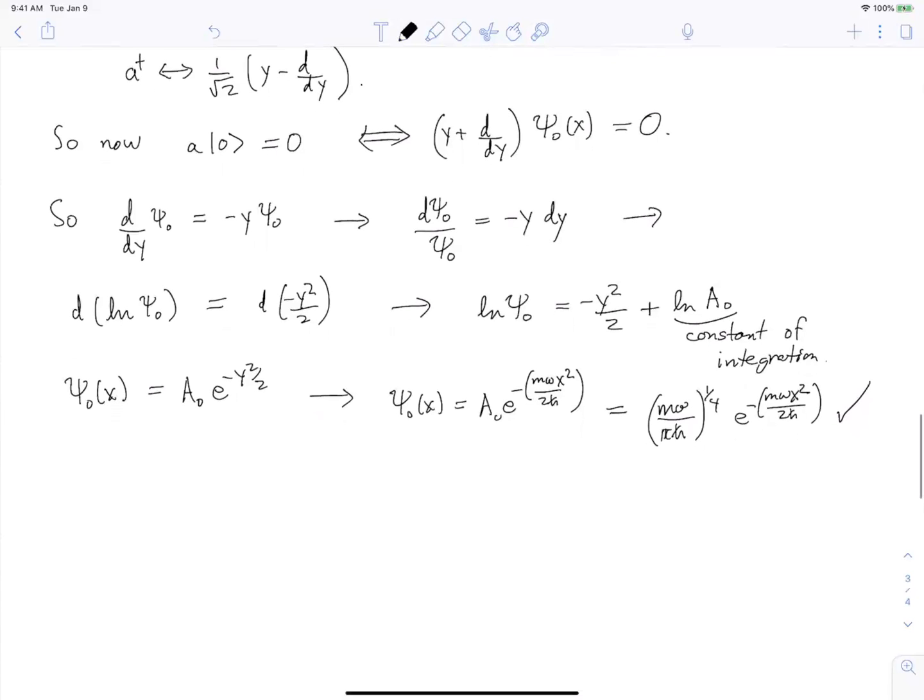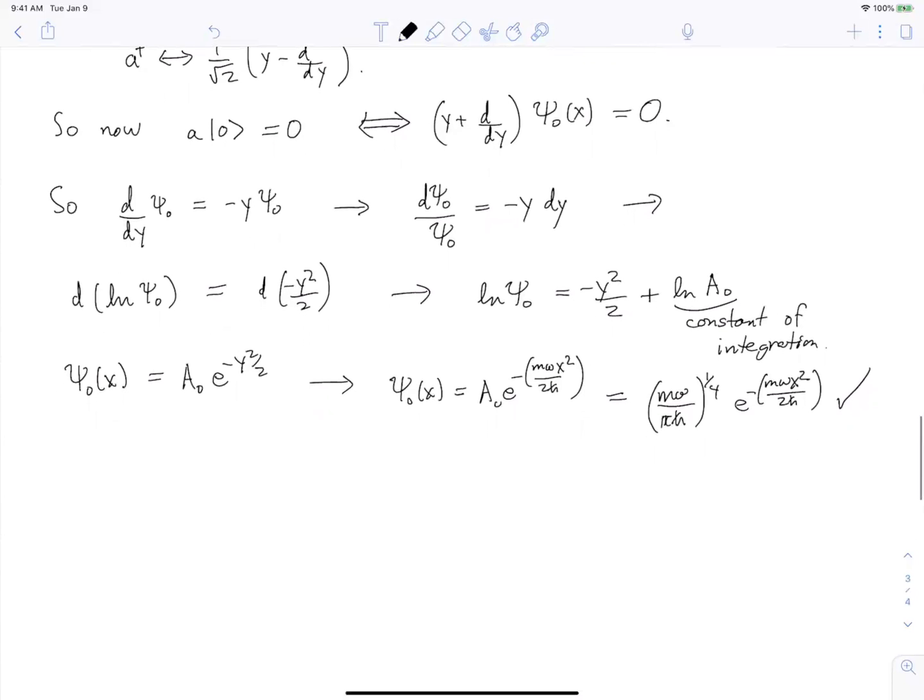Okay, now having gotten this one, we could, again, in the position representation, solve the differential equation for all the higher energy states, but it's easier to instead construct them as follows. We know that they're equal to (a dagger) to the nth power divided by the square root of n factorial acting on the ground state.